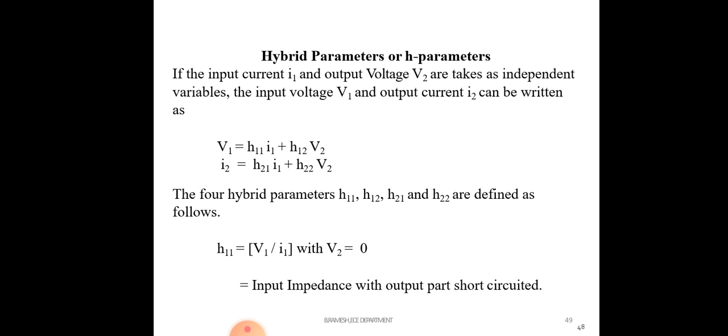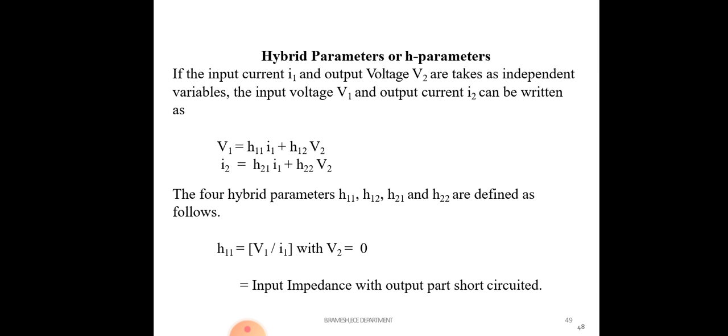If the input current I1 and output voltage V2 are taken as independent variables, the input voltage V1 and output current I2 can be written as these equations. Generally we can write this in matrix form: V1 and I2 are dependent variables, I1 and V2 are independent variables.